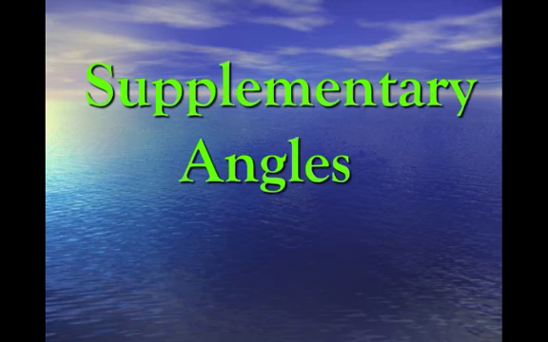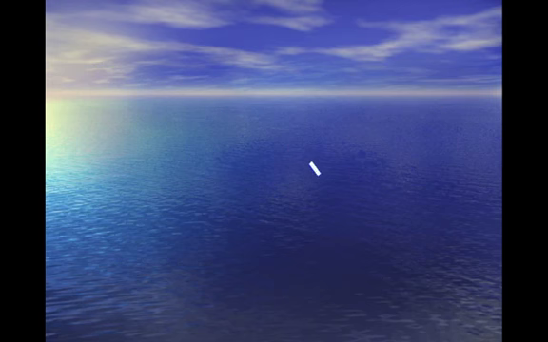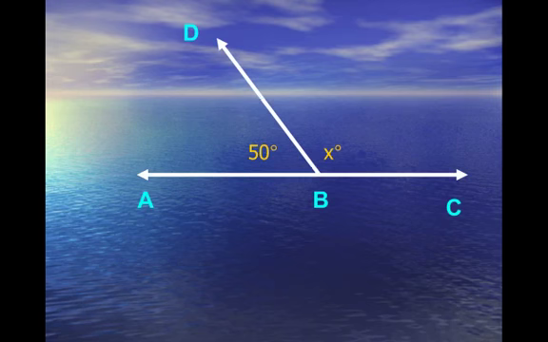Another vocabulary term that comes up is supplementary angles. These are two angles whose sum is 180 degrees. Translated, two or more angles add up to be 180. And just like the last example, I'm going to show you a picture of three angles. Follow along with your finger. The biggest angle is the line, angle ABC. That angle measures 180 degrees.